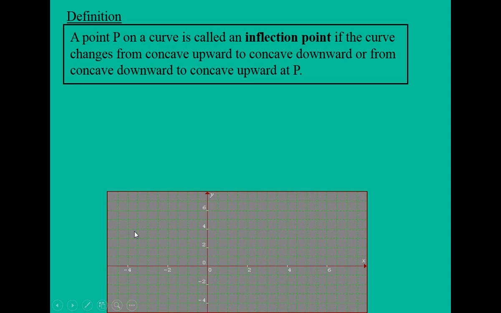Definition. A point P on a curve is called an inflection point if the curve changes from concave upward to concave downward, or vice versa, concave downward to concave upward at P.